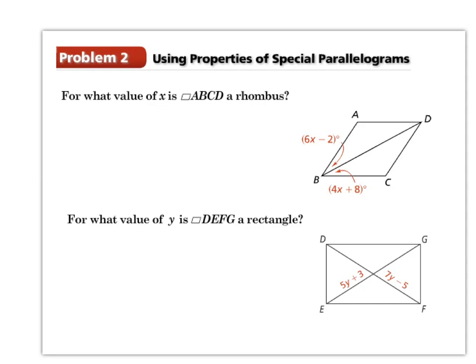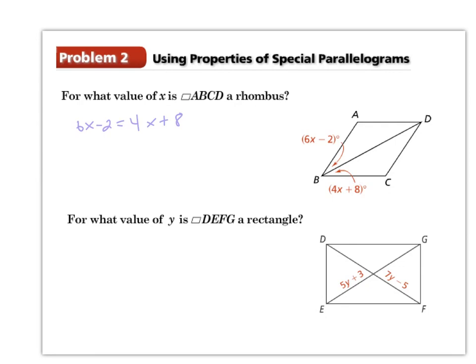Okay. Well, again, if it is a rhombus, the diagonals bisect the angle. So if it bisects, that means these two angles at B, so ABD and CBD, they have to be congruent or equal. So I can take these two expressions, 6x minus 2, and set it equal to 4x plus 8, and then we're going to solve.